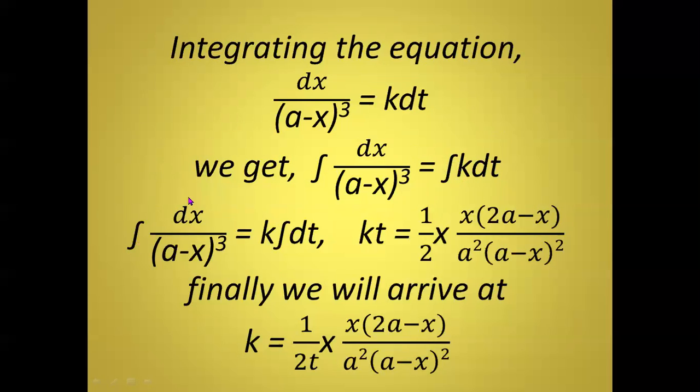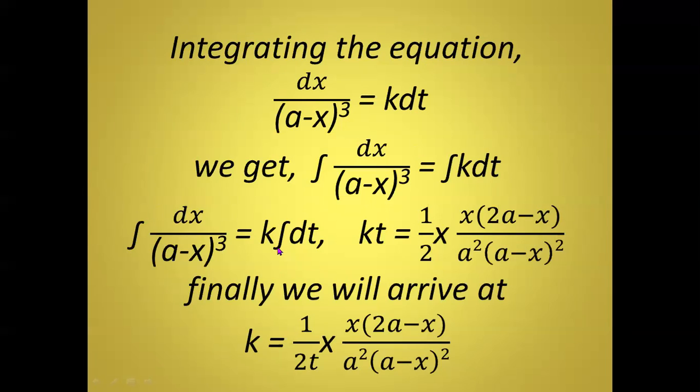So we can write k integration dt. Now we will integrate concentration between the limits of C0 to C, that is initial to final. That means C0 is the initial concentration of reactant A, whereas C is the concentration of A at time t. And time limits are time t equal to 0 to time t equal to t.